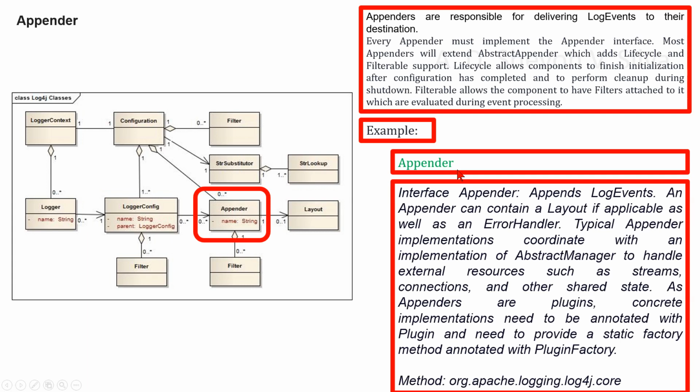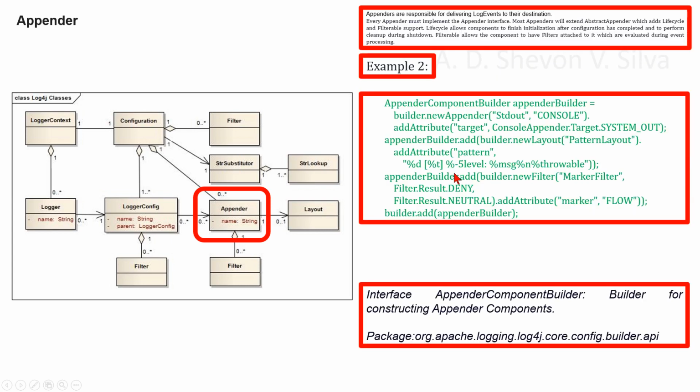As appenders are plugins, concrete implementations need to be annotated with Plugin and need to provide a static factory method annotated with PluginFactory. This is in the package org.apache.logging.log4j.core. As an example too, we can consider this code segment.